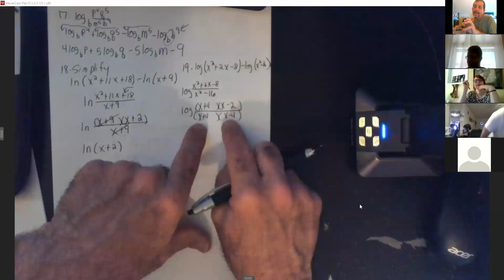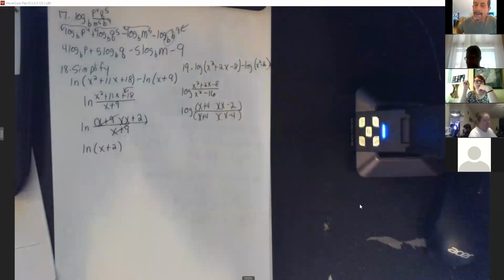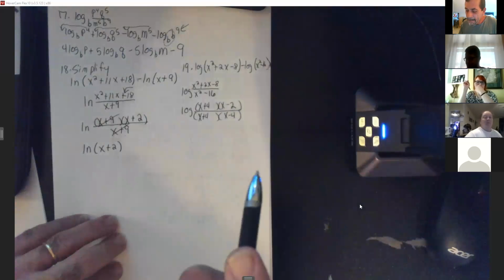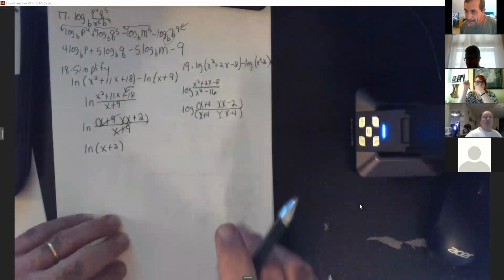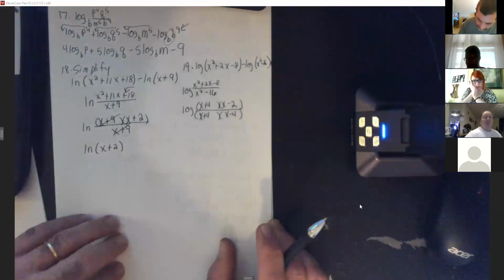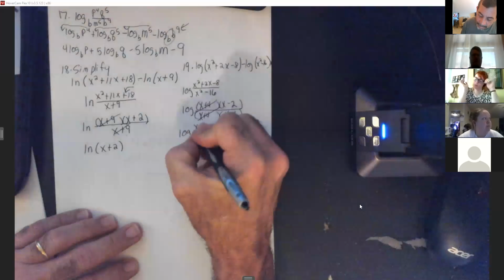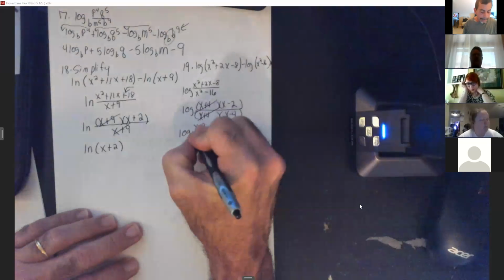So you sort of would have had to go back and put it in factor form. All right, what did you just do now? We cancel those x plus 4s out. So my final answer will be log of (x minus 2) over (x minus 4).